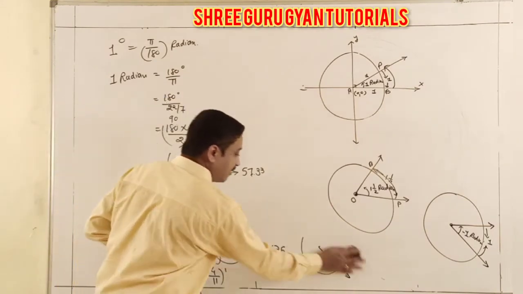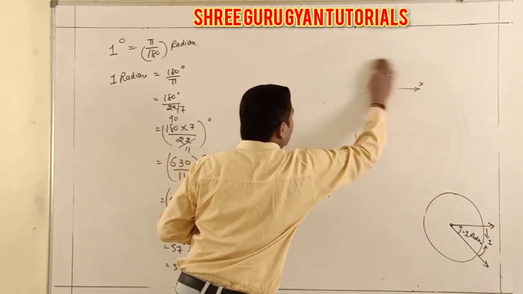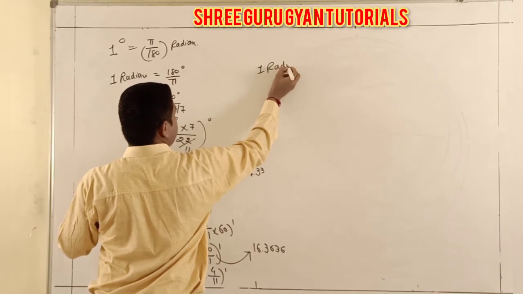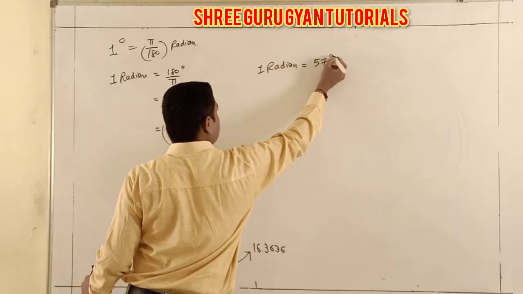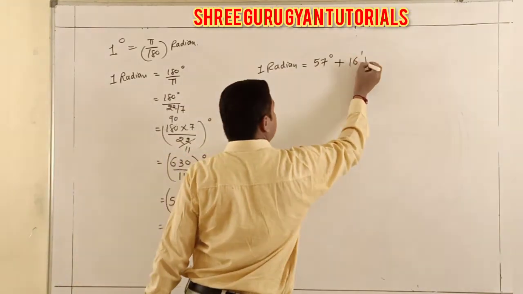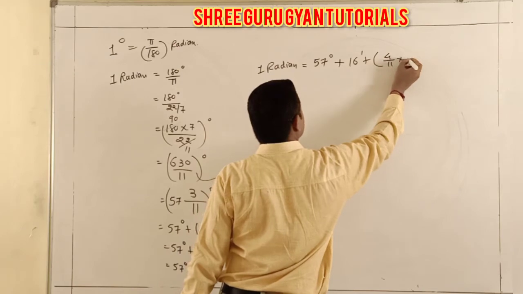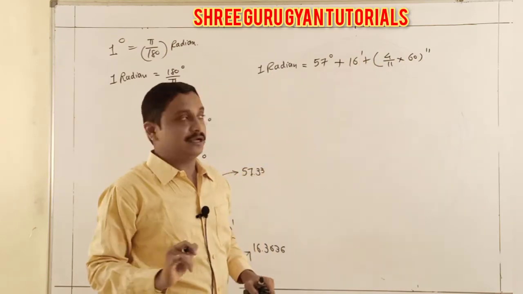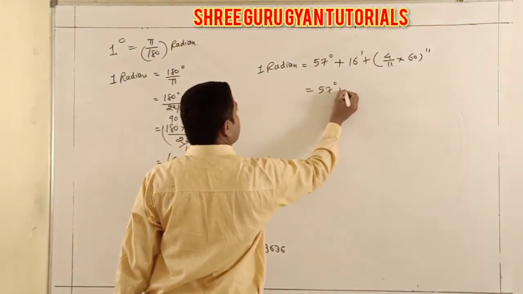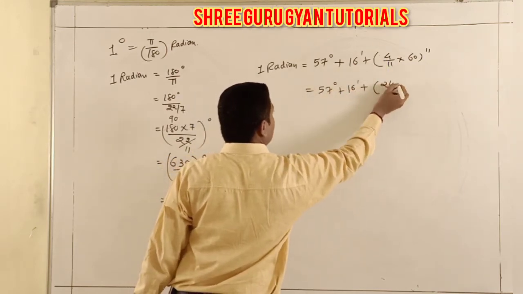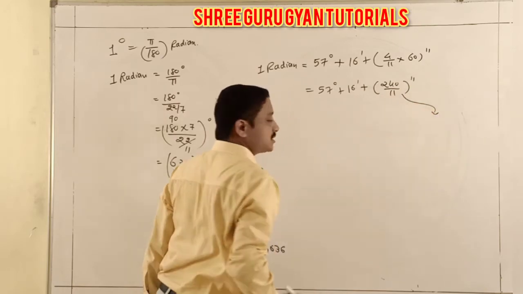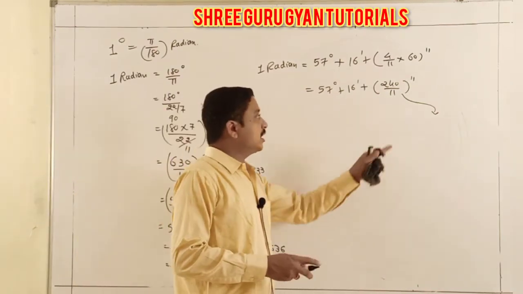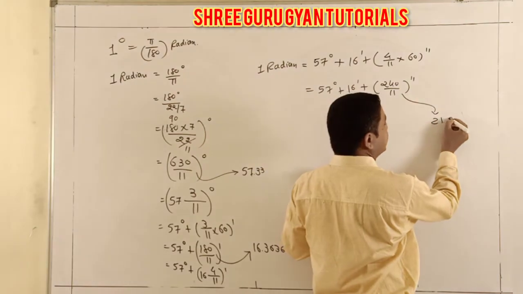So after this further calculation, 1 radian is equal to 57 degree plus 16 minute plus, now converting the remainder into 60 seconds. The double line indicates seconds and the single line indicates minutes. So 57 degree, 16 minute, and 4 times 60 is 240 by 11 seconds. Using the calculator, 240 by 11 is near about 21.8181.